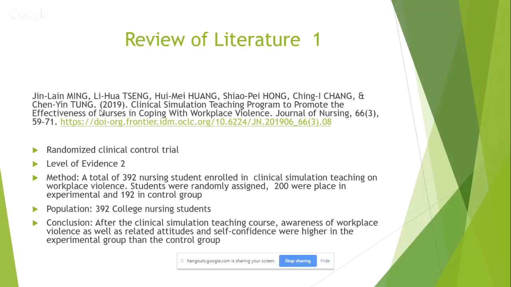It's a clinical controlled trial where they used simulation randomly on 392 nursing students, and the conclusion was that the simulation teaching model was able to increase awareness of workplace violence, and it helps the students gain confidence in the experimental group compared to the control group.